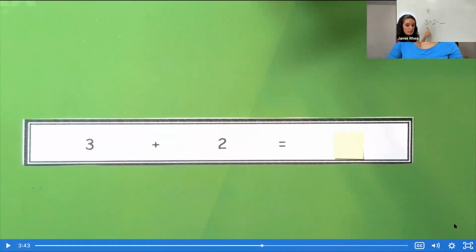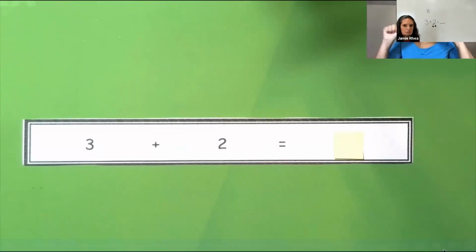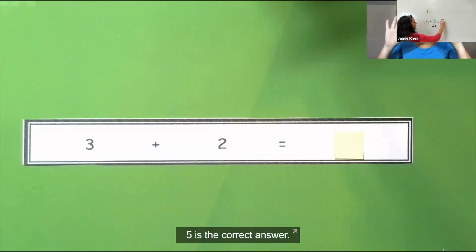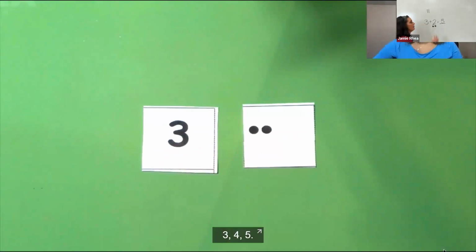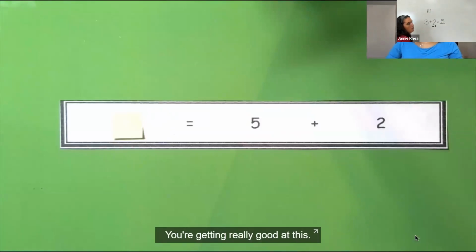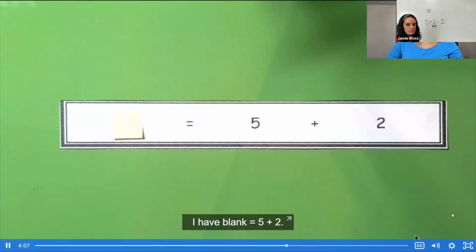Solve with your fingers by counting on or use your dots. 3, 4, 5. 5 is the correct answer. 3, 4, 5. You're getting really good at this. We got 3 points.